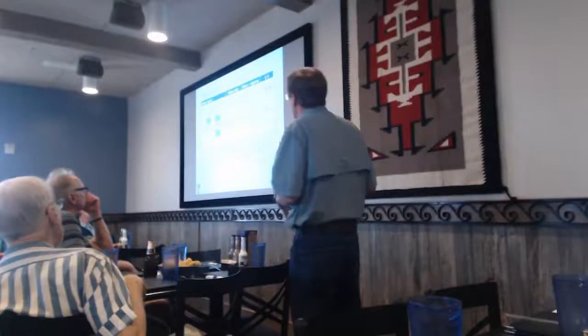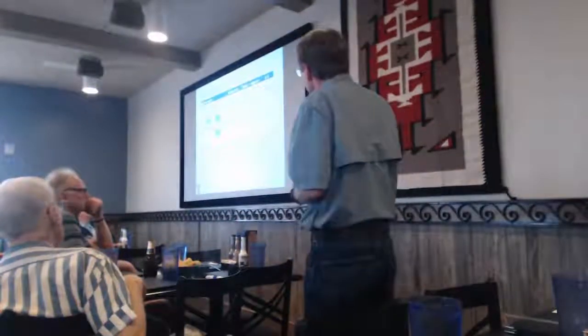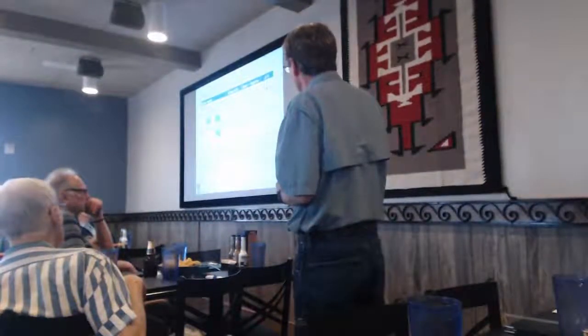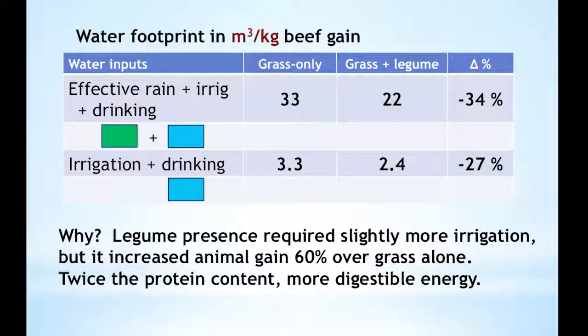But it increased the animal gain 60% over the grass alone. You saw those bars. They had much higher animal gain because the forage quality was much better. It had twice the protein content of the grass. It was 14.4% protein. In the grass alone, it's 7%, which is hardly enough for the animal to actually maintain bodily function. And it had more digestible energy.